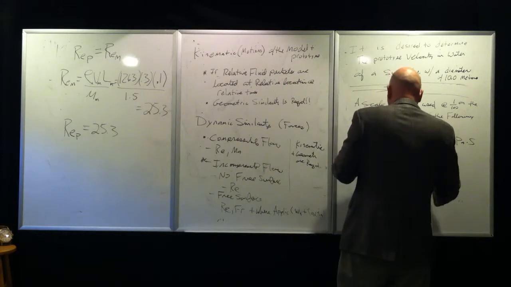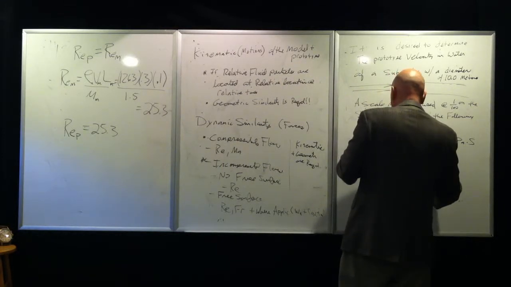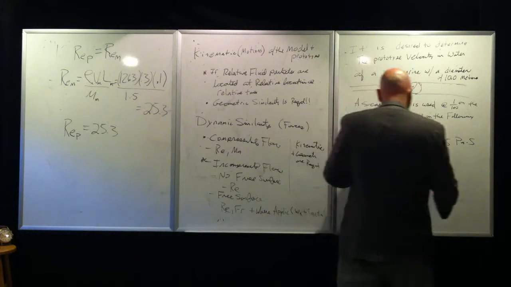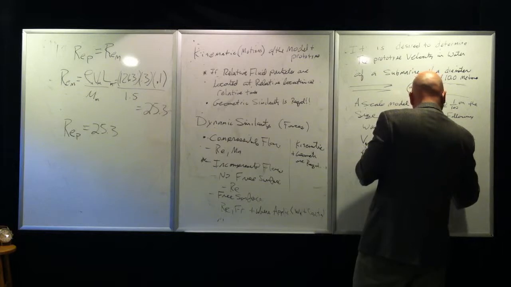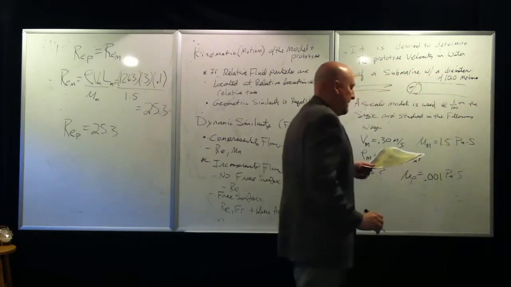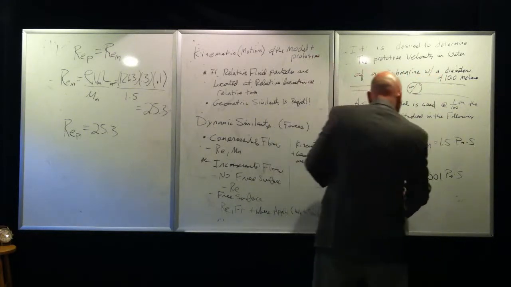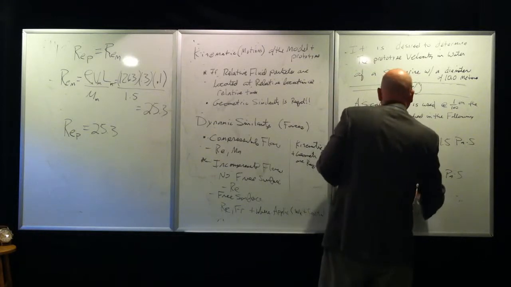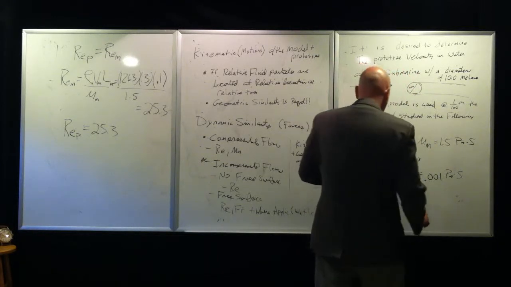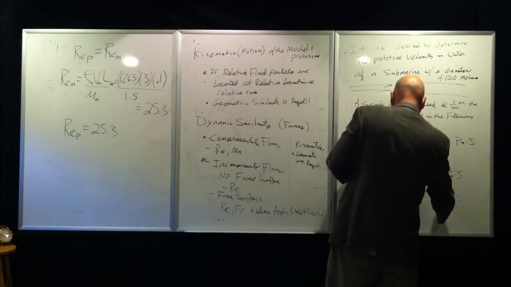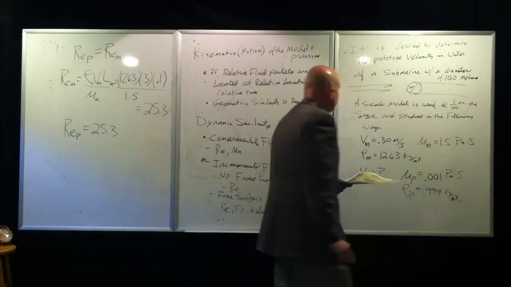Let's say that the viscosity is .001 Pa seconds, and the density is 999 kilograms per meter cubed.